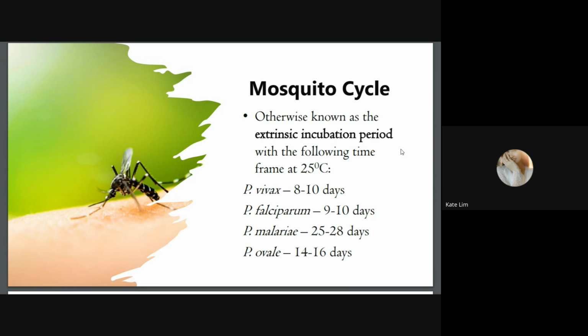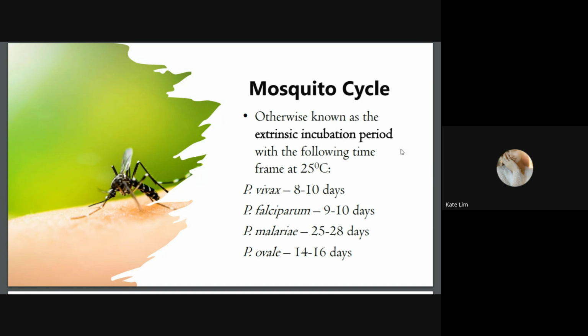Okay, so let's proceed. Let's start with the extrinsic incubation period. What is the extrinsic incubation period? Why extrinsic? It is termed extrinsic because it is influenced by factors outside the human body, meaning this happens inside the mosquito. Since it is outside man, it's inside the mosquito.